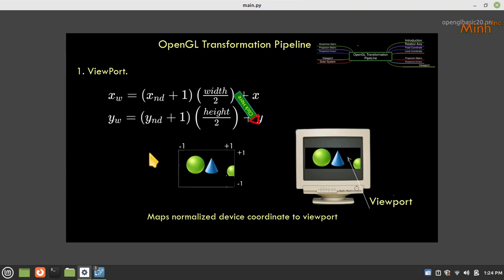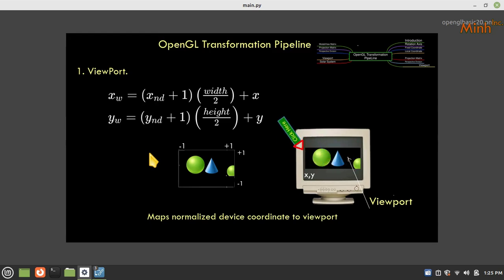Okay, so if this is my computer screen and this black portion is the camera reel, then the bottom left x y is the origin of the camera reel, and this is height, and this is width.